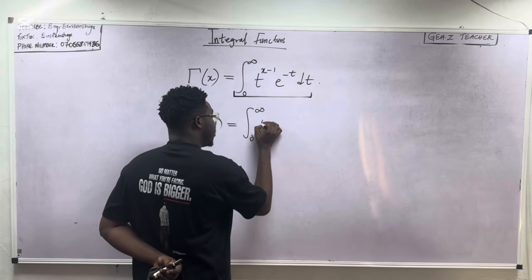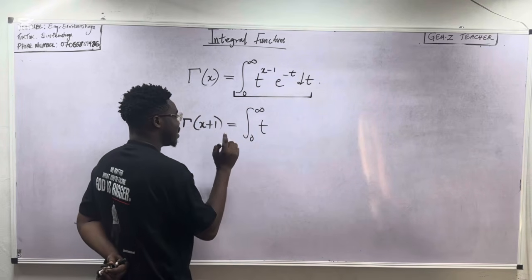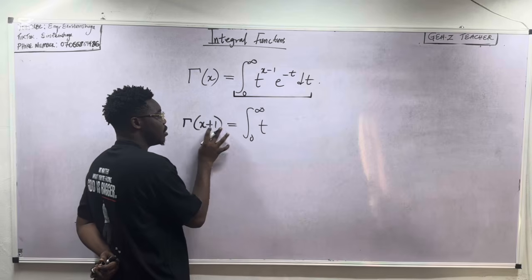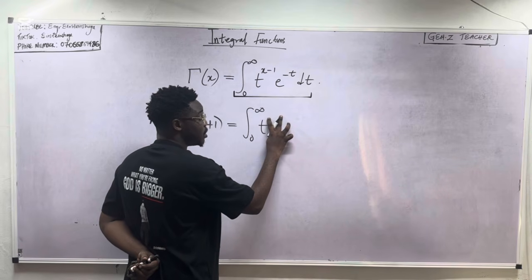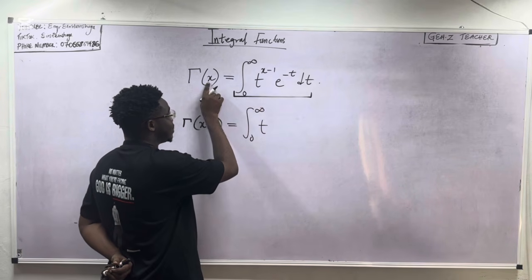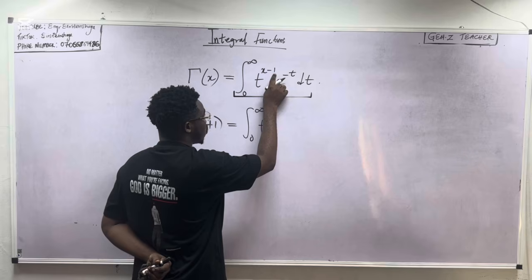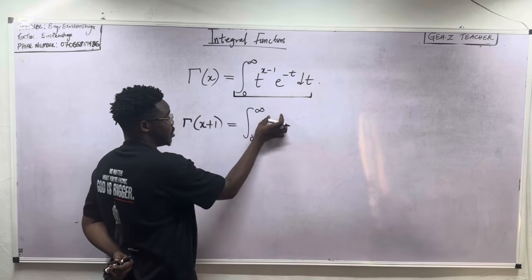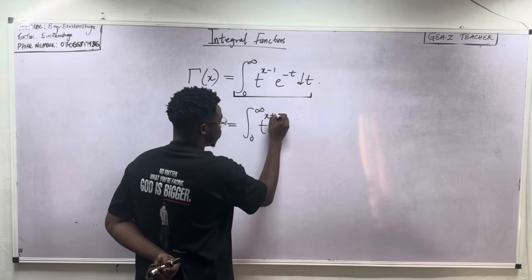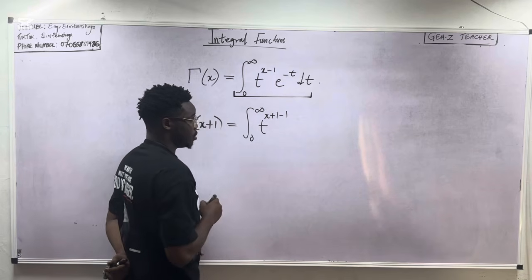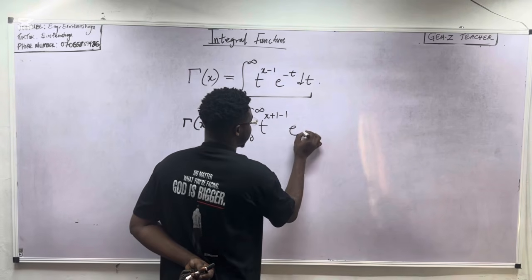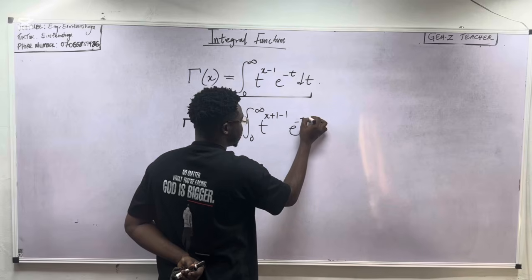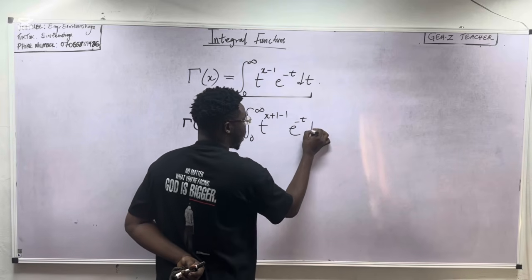Remember, whatever you have here, you have it less 1 over here. Recall, we had x here, and then we had x minus 1. So we remove 1 from this to get x plus 1 minus 1. Then we have exponential, which remains as minus t because there's no x here, and then we have dt.